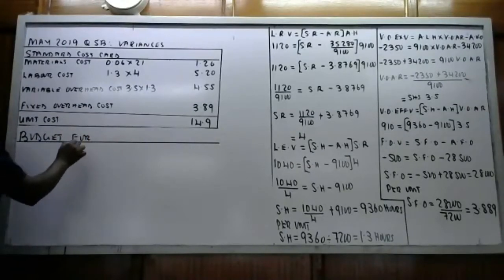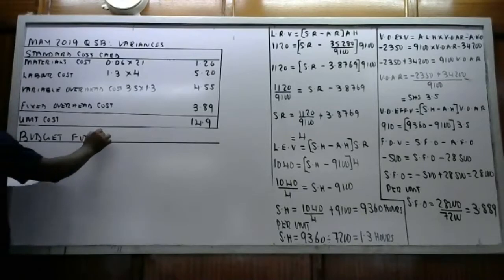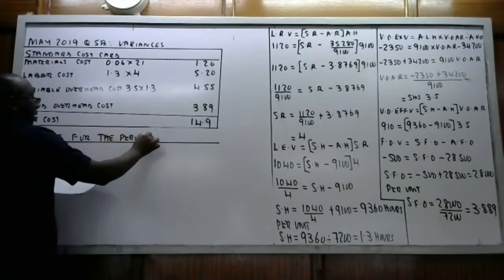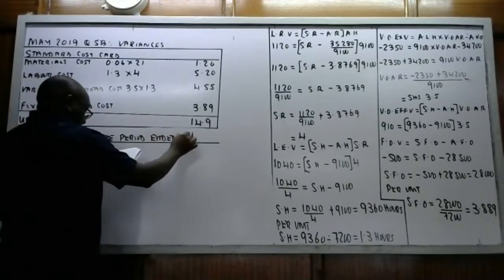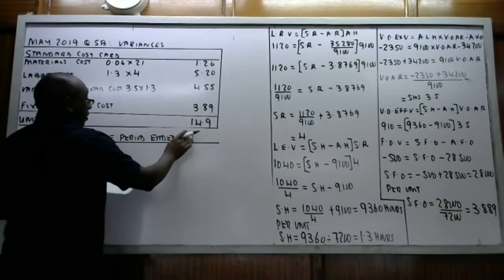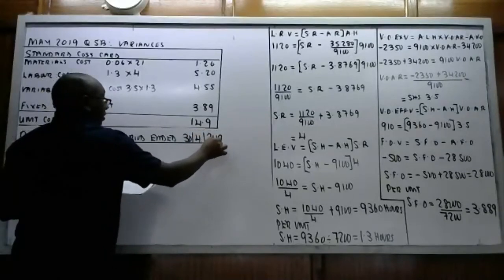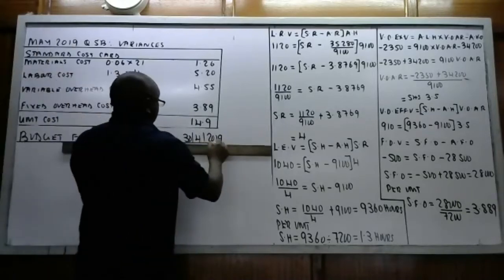The budgets for April, for the period ended 30th of April 2019.